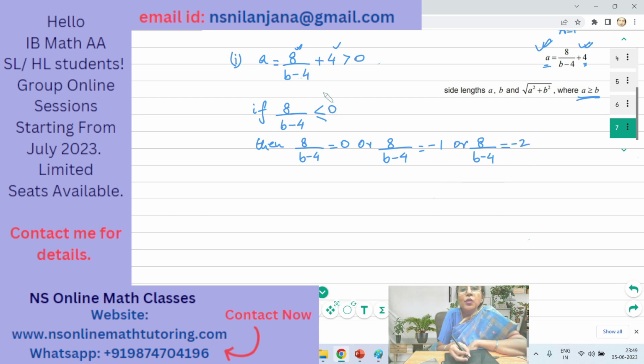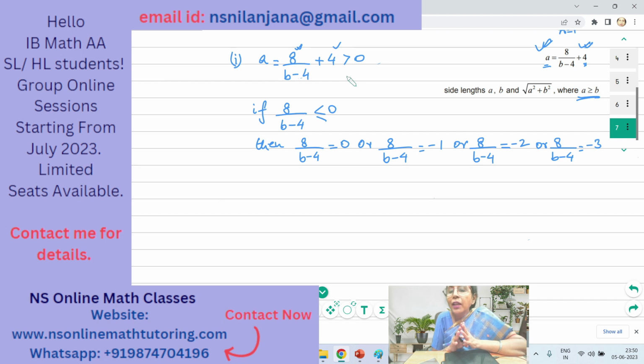Then 4 minus 2 is 2, again a positive number can be taken. Or 8 over (B minus 4) is equal to negative 3. So 4 minus 3 is 1, again a positive number. So A can have a value of 1.